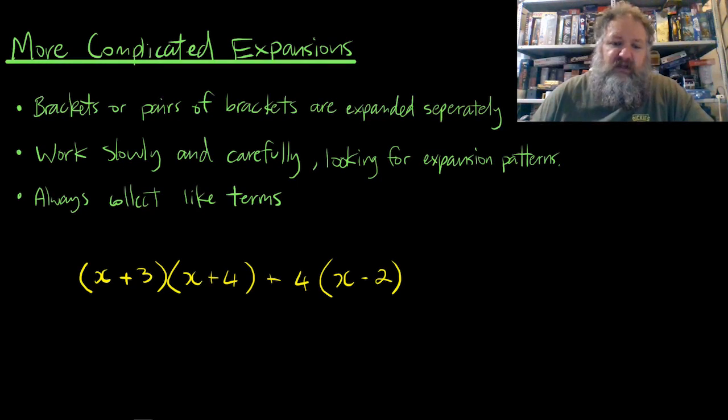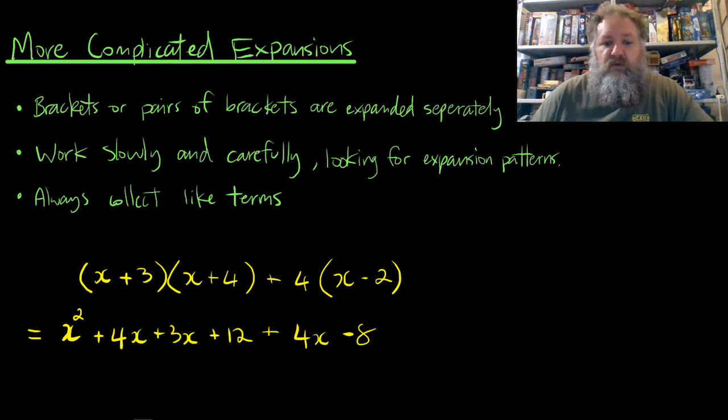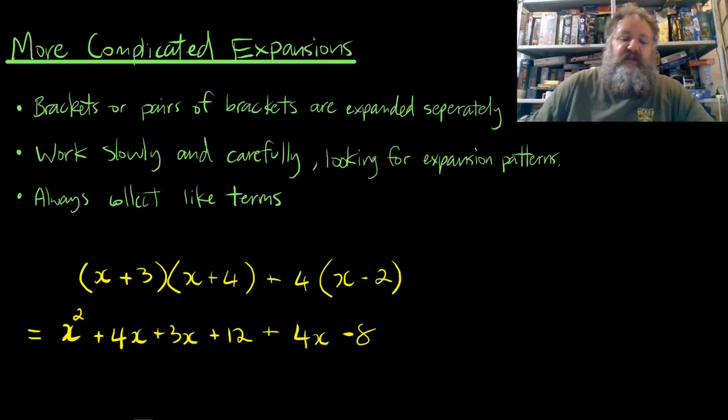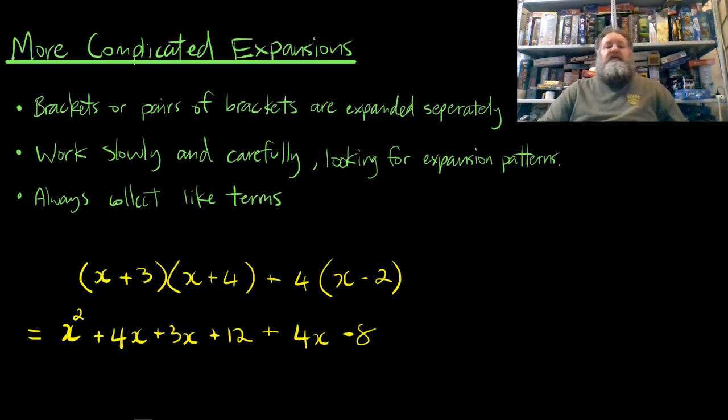And I can also multiply out this second section. I will have the 4 here multiplied by each thing inside the brackets, 4x, and then I'll have minus 8. And I have this great big long line of all these different terms that I'm now looking to find the common things, the like terms.